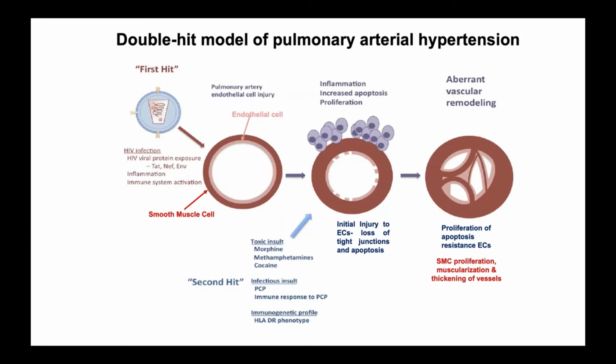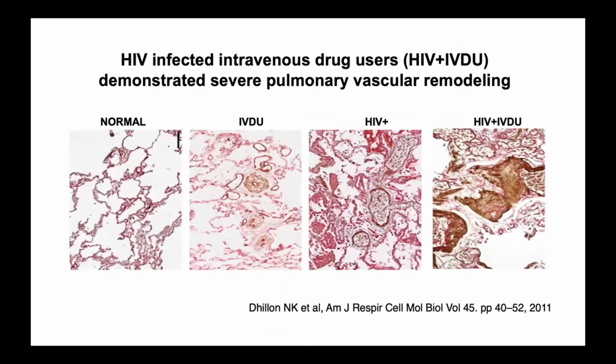Going forward, here I'm showing a panel of staining on HIV and IV drug user lung sections, where you can see that both intravenous drug use and HIV independently can cause a lot of pulmonary vascular remodeling, with thickening of vessels.